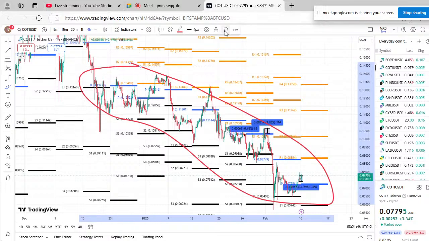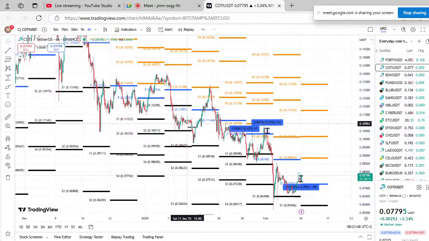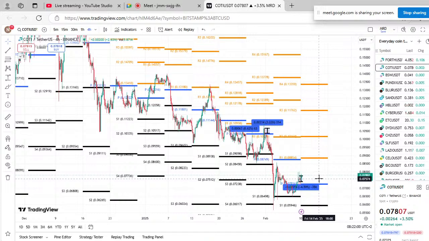That is automatically a downtrend. And I told you, in a downtrend, if we don't break the previous low, don't enter the market.